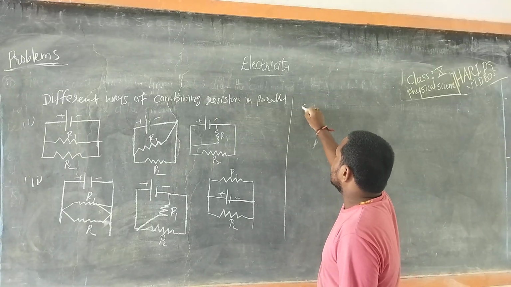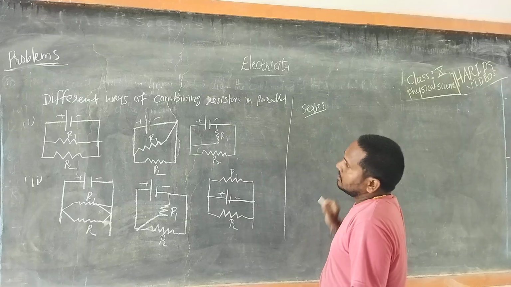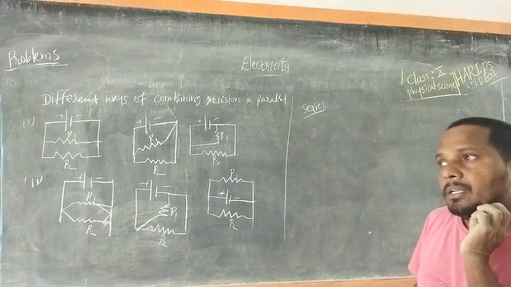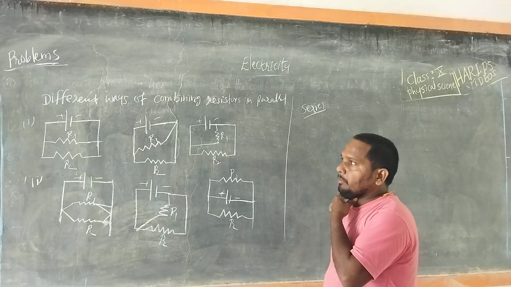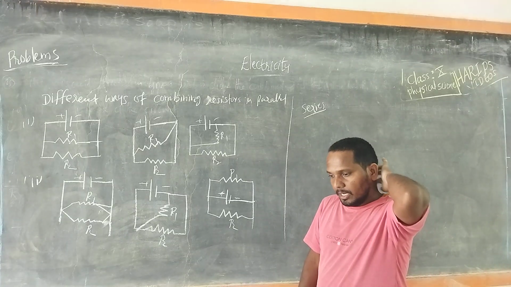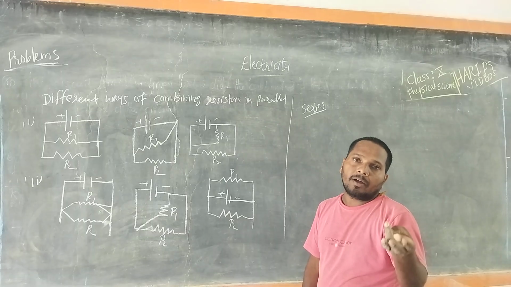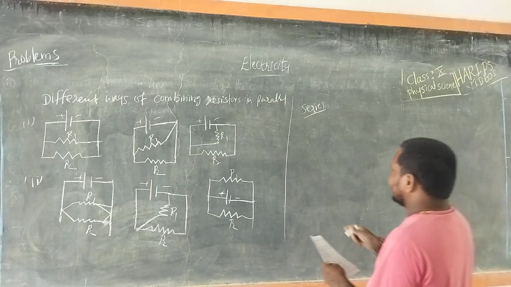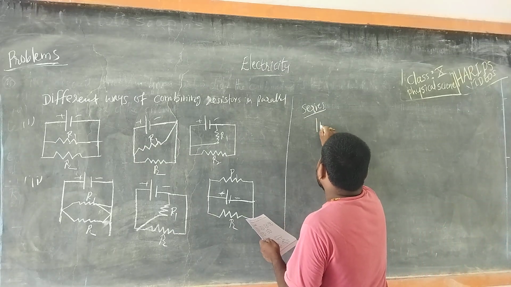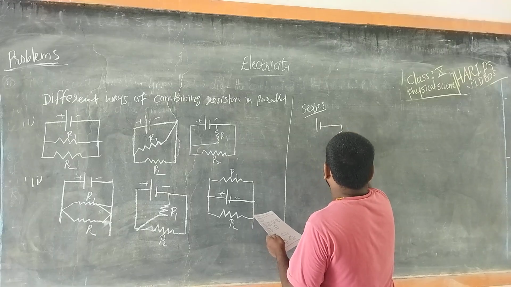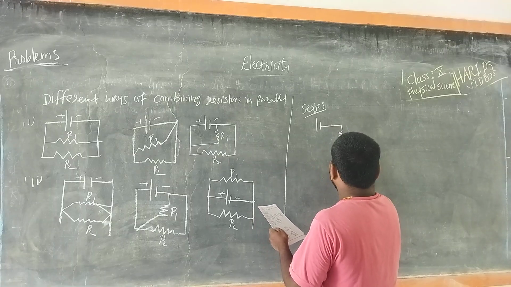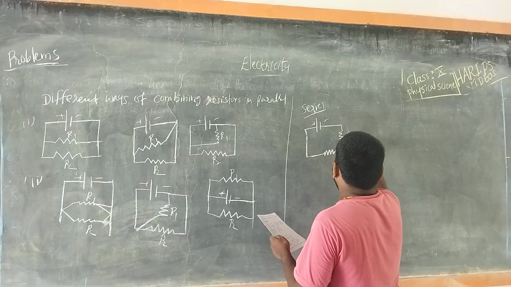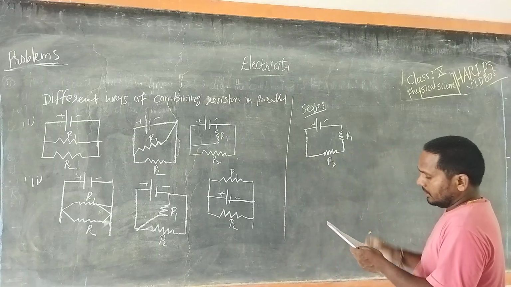In case of series, see here, R1, R2, R3 are nothing but electrical appliances, such as a bulb, fan, refrigerator, heater, TV set, whatever. Then in series, R1, R2, this is also series.